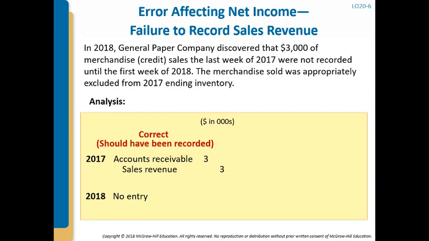And so they should have recorded a $3,000 accounts receivable, and the credit would be to revenue, and there should have been no entry made in 2018.